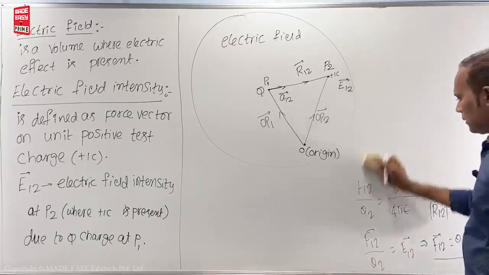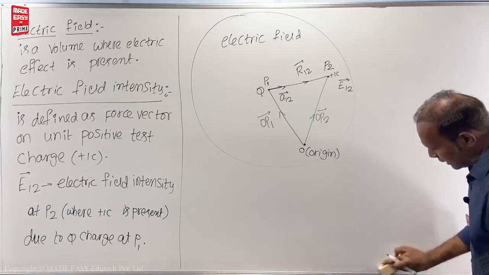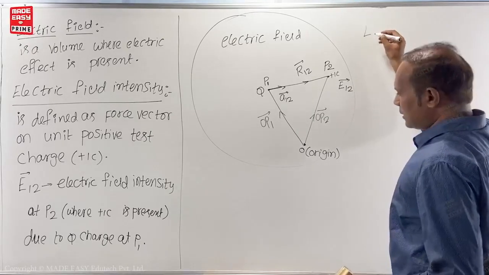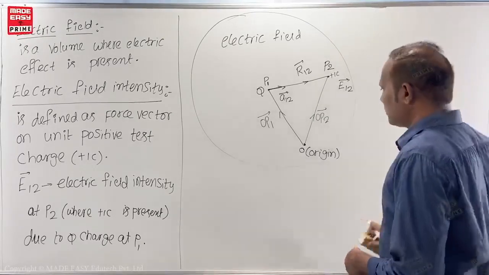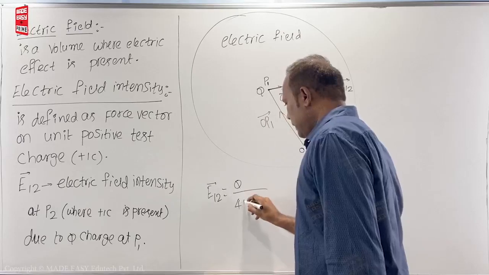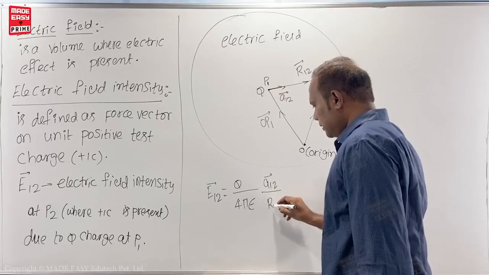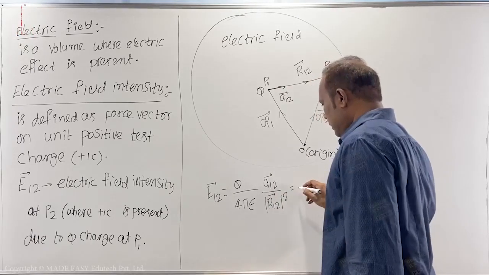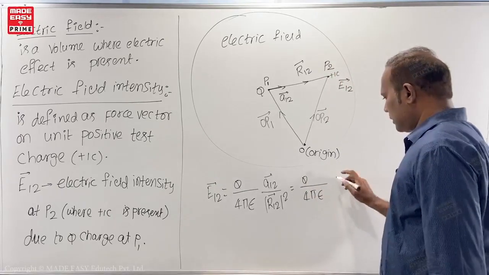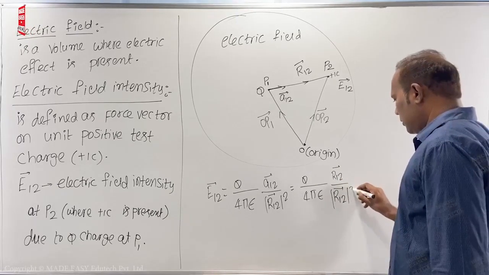You see here. So E12 bar is equal to, now I will write in the sequence what to remember. E12 bar is equal to Q divided by 4 pi epsilon and A12 bar divided by modulus of R12 whole square, that is equal to Q divided by 4 pi epsilon, and this one is R12 bar divided by modulus of R12 whole cube, dear students.